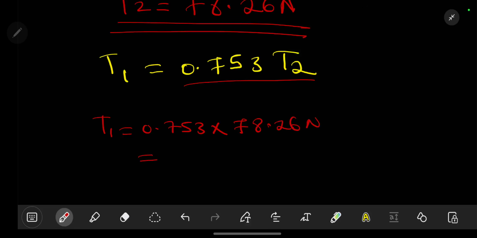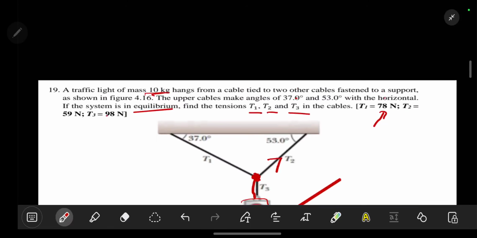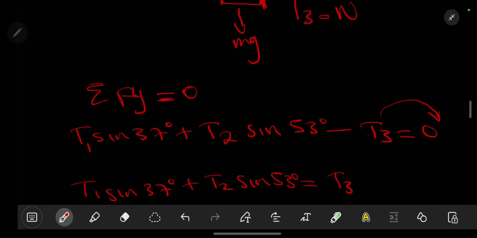So multiplying these two, we are going to get 58.93 newtons. So this is our T1, which is written as 59 there. So they have written it as 59, which is basically the same thing. So we have answered that one.